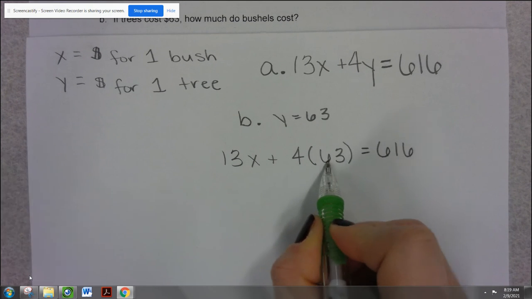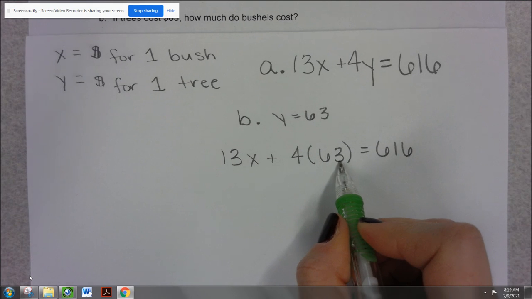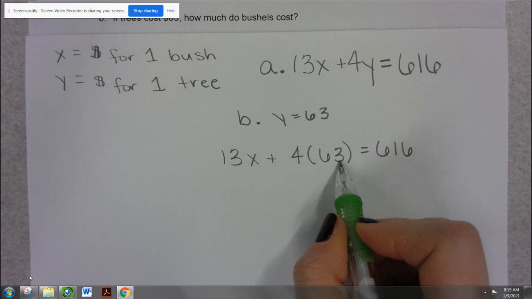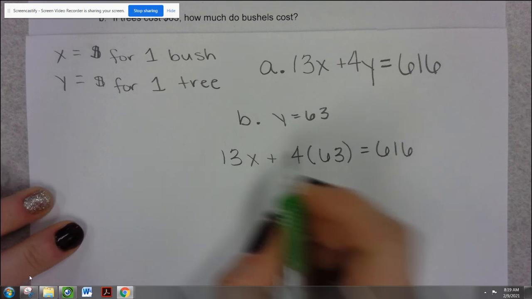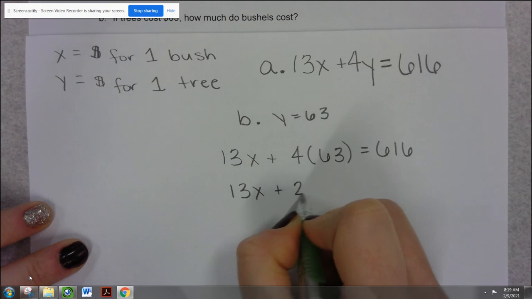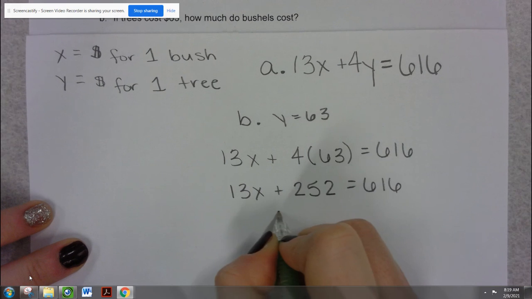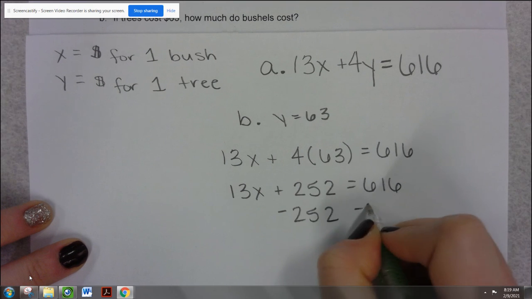So 4 times 60 is 240. 4 times 3 is 12. So 240 plus 12 gives me 252. And then I'm going to subtract 252.